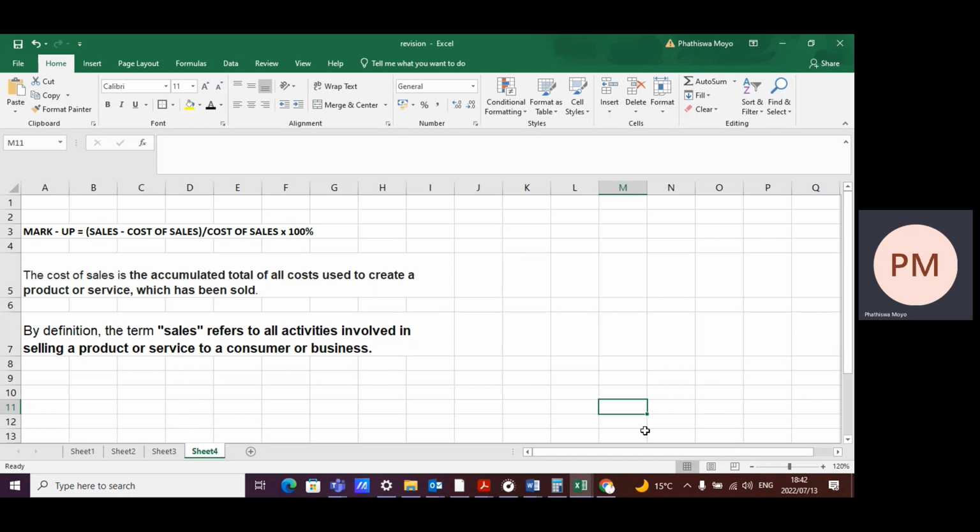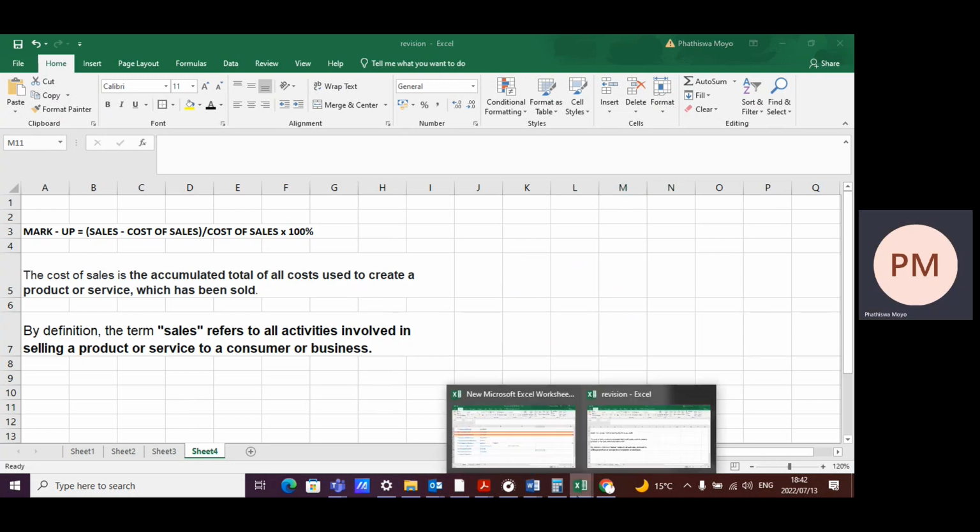So simply, markup is the profit percentage. How much profit do you want to make in terms of percentage in selling this product? Remember in the previous example, we calculated that the profit markup, the profit that the factory wanted to make, is 102%. That's the profit they wanted to make.